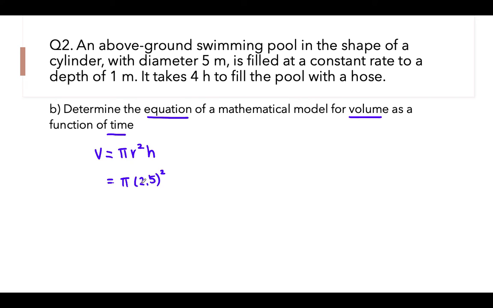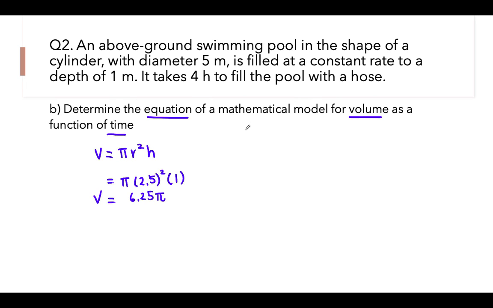So pi times 2.5 squared, and then times 1, which is the height. Okay, and so if I simplify this, this is going to be 6.25 pi. Okay, and so this is going to be my volume.